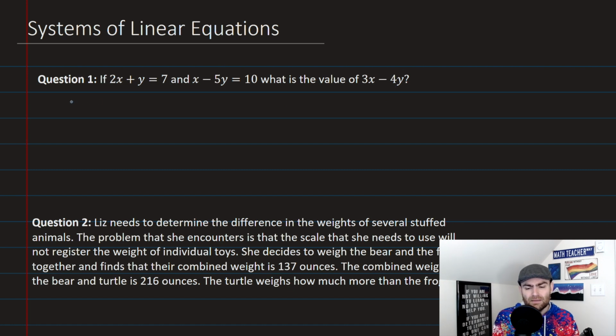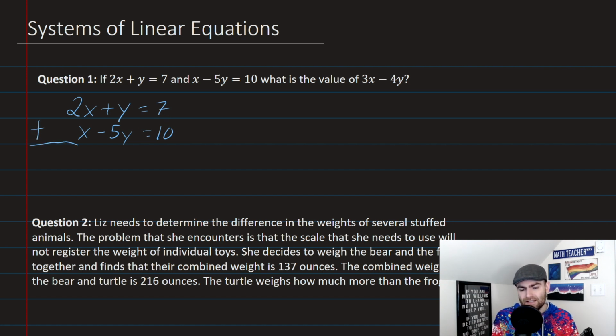What if I take my equations, the 2x plus y, which equals 7, and this x minus 5y, which equals 10, and I add those together? What if I add the left sides together and the right sides together? What happens?